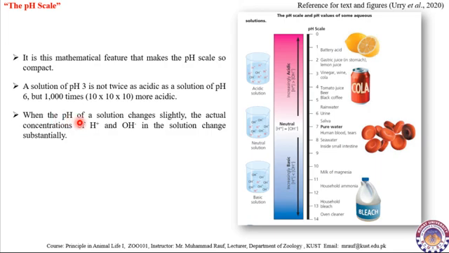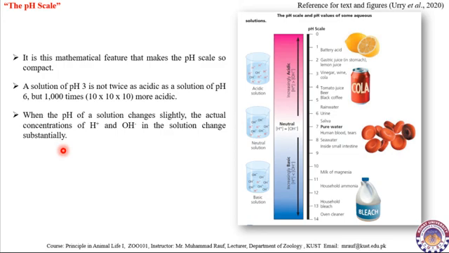When the pH of a solution changes slightly, the actual concentration of hydrogen and hydroxyl ions changes substantially, because a small change in the pH has a drastic effect on their concentration.